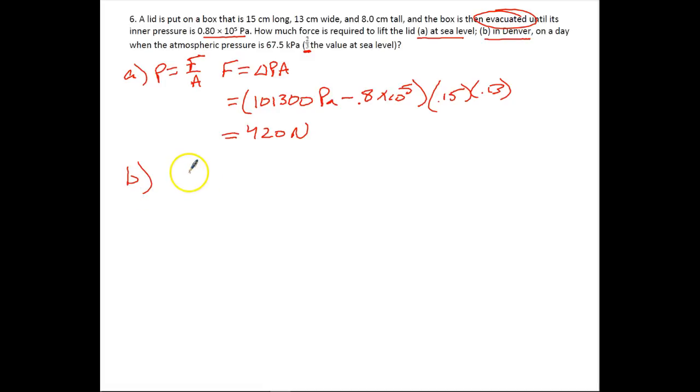For letter B, if you took this can to Denver, then it'd be 2/3 of atmospheric pressure, which is 1.013 times 10 to the 5th. So that's the other way to write this number. And that number is about 0.6753 times 10 to the 5th.